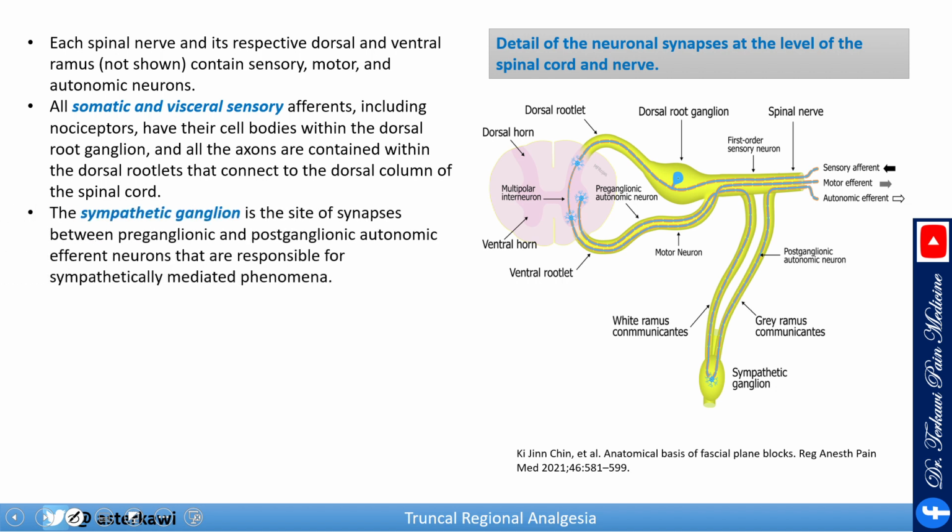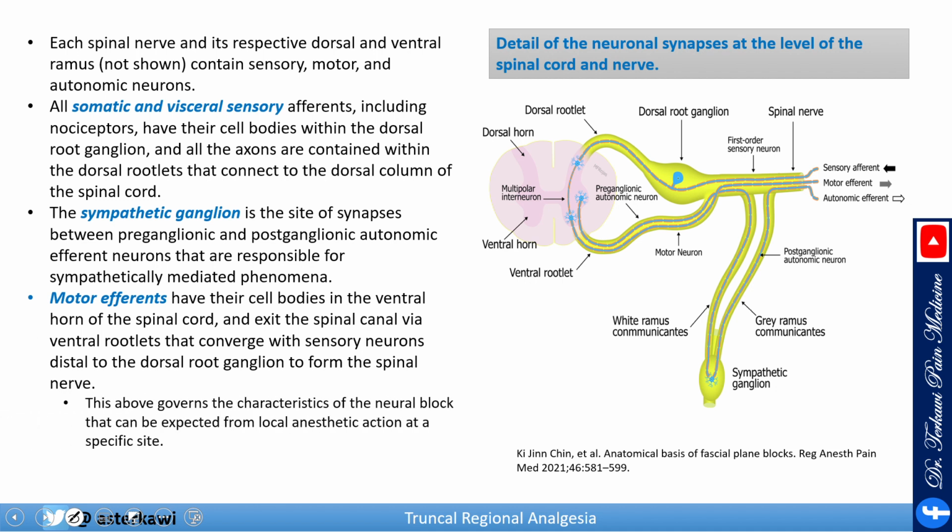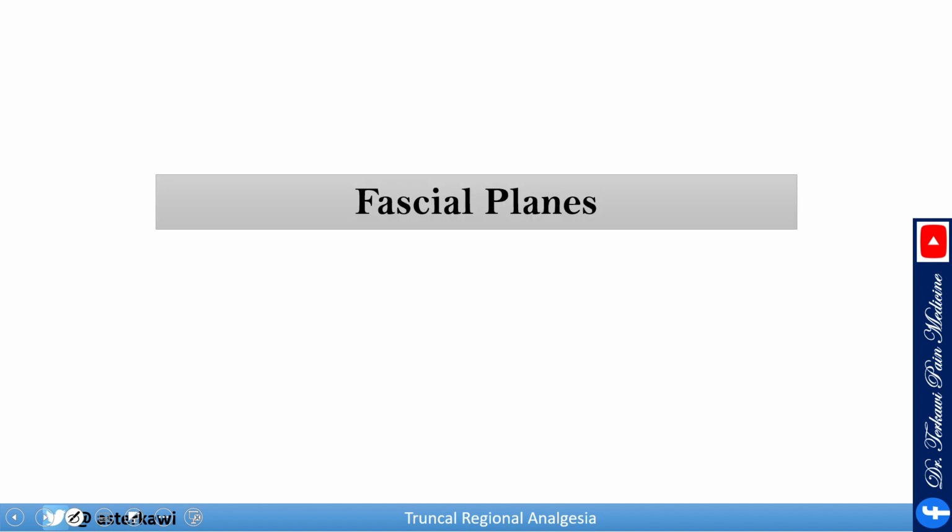The sympathetic ganglion is the site of synapses between preganglionic and postganglionic autonomic efferent neurons that are responsible for sympathetically mediated pain. Motor efferents have their own pathway, and the above governs the characteristics of neural block that can be expected from local anesthetic action at the specific site.